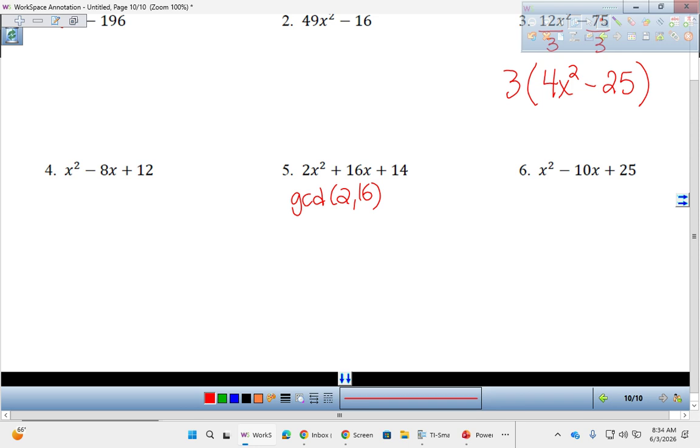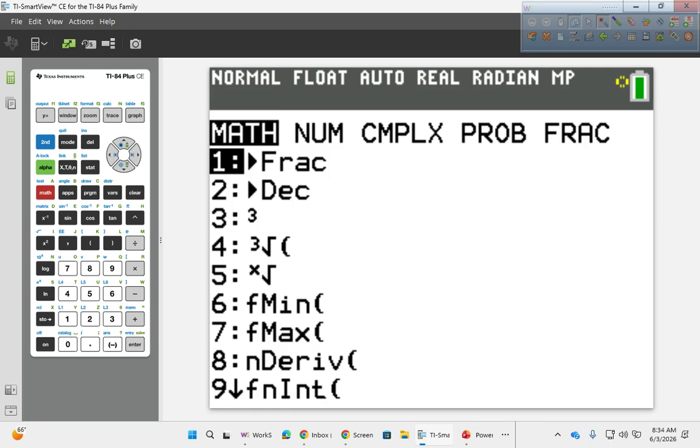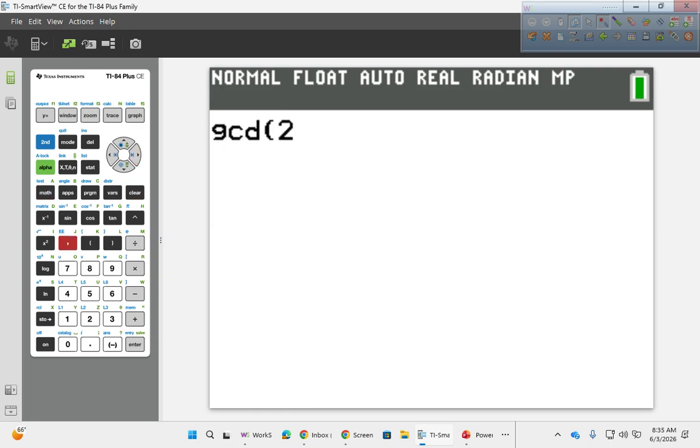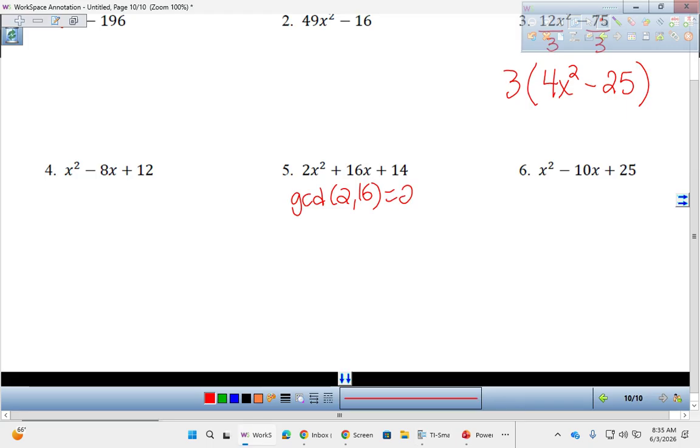So I'm going to math arrow to the right, 2 and 16. Okay, so they have a GCF. And then I take that GCF and I pair it with the last number, which is 14. And I get the ultimate GCF at the end. All right, so even though it's 3 terms, there is a GCF. The GCF is 2. So what that means for this problem is I can divide a 2 out from all of them.